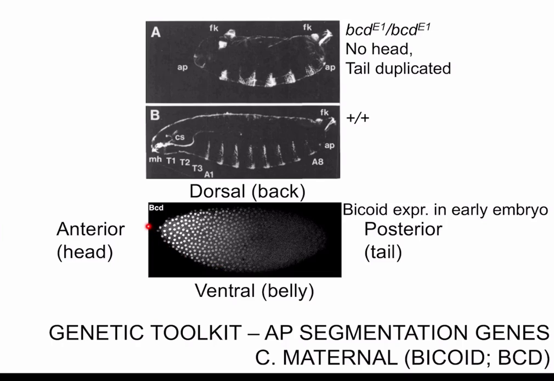In fact, it is a gradient, so there's high levels of Bicoid in the anterior, then the level of Bicoid protein, and therefore the amount of Bicoid available in each cell, reduces progressively as you move towards the posterior.